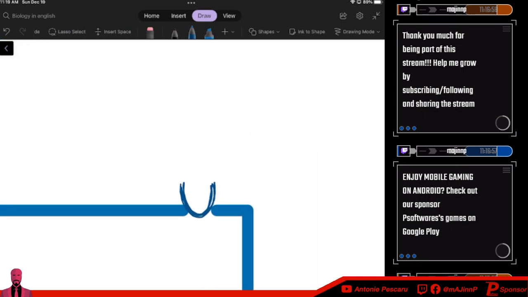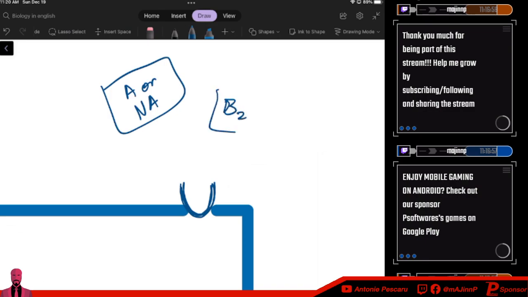So let's assume that there was adrenaline or noradrenaline that got secreted by our neurons. And then you take your salbutamol pump or your corticosteroid that has another beta 2, and you have your beta 2.